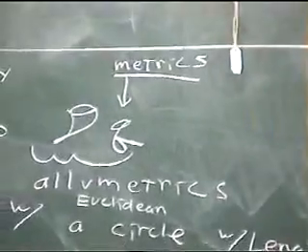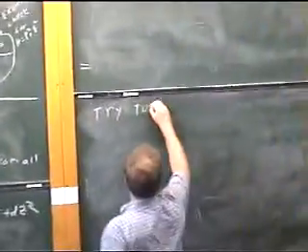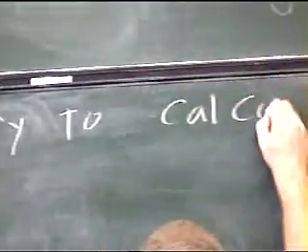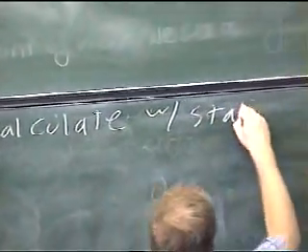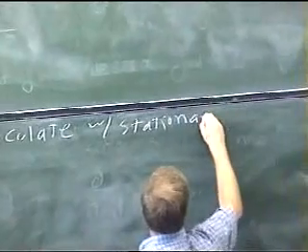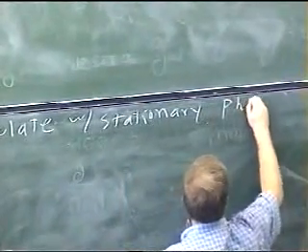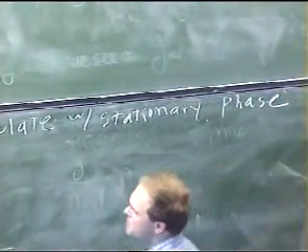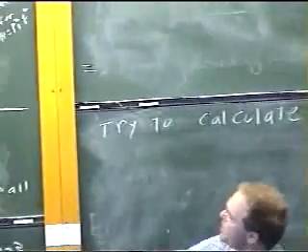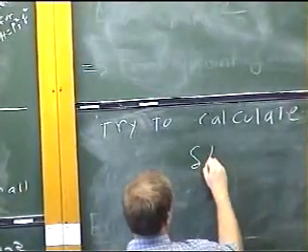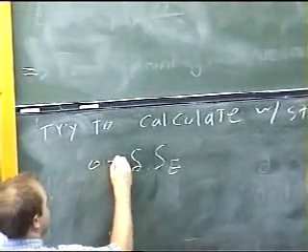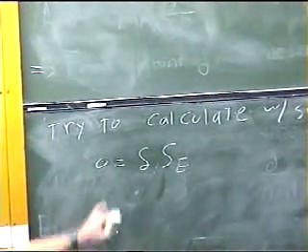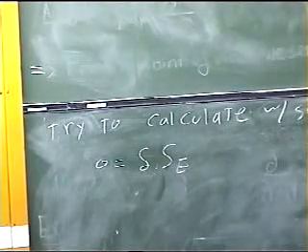So we're going to try to calculate with, again, stationary phase, meaning we want to find some space-time for which the variation of the Euclidean metric, or the Euclidean action, vanishes. Right? That's the stationary phase approximation.